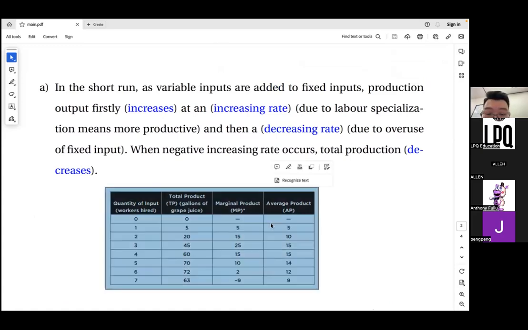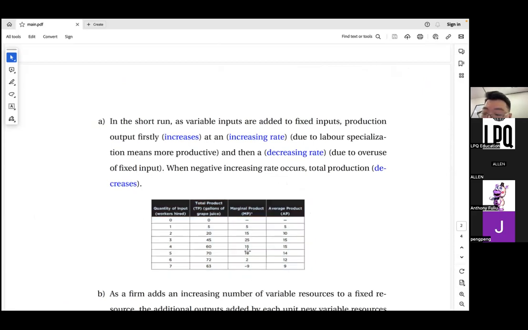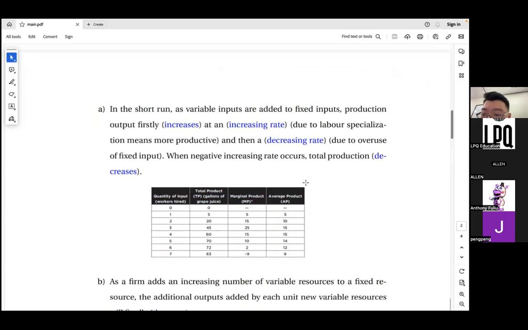More people are overusing the fixed input. That is the reason why the MP began to decrease. That is really easy.